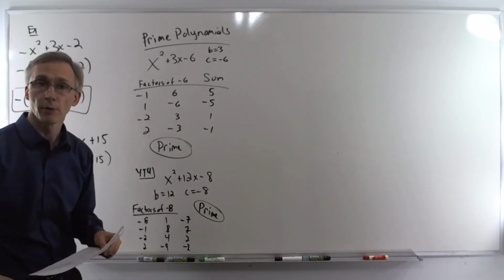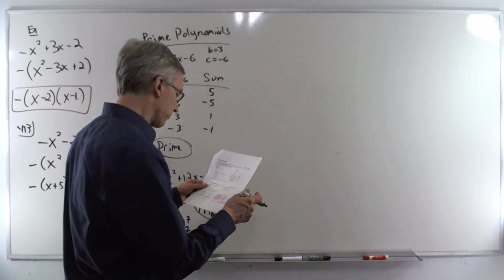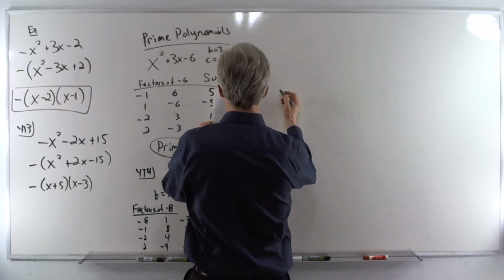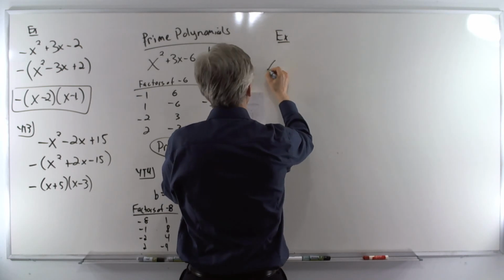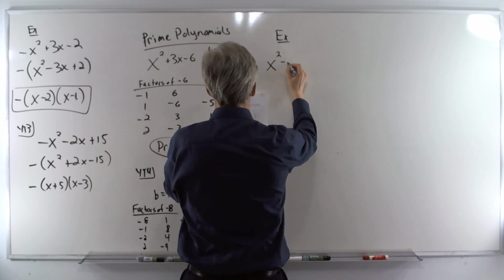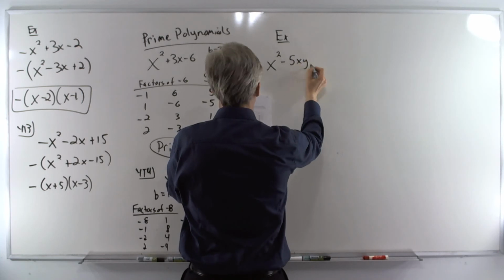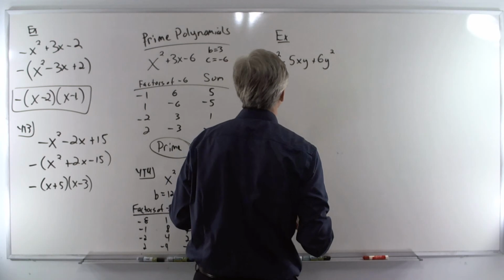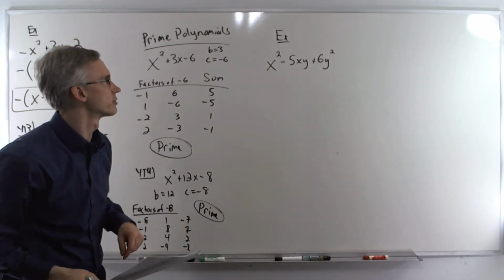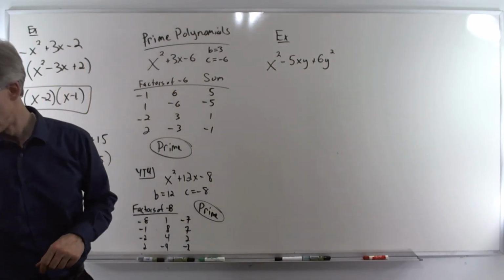Some of the polynomials we're working with have more than one variable. The process is going to be very similar though. So we're at x squared minus 5xy plus 6y squared.